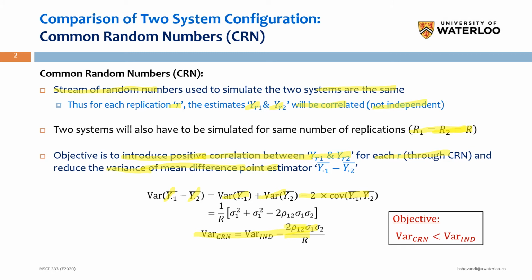As you see here, the variance under CRN is the variance under independent sampling minus a term, and this term is a positive term. Because of that, the variance under CRN will always be less than the variance under independent sampling.